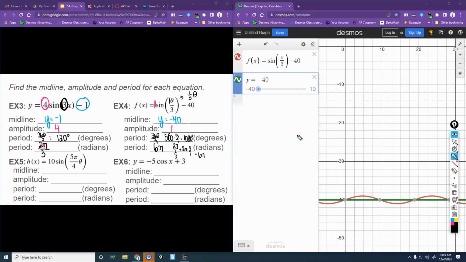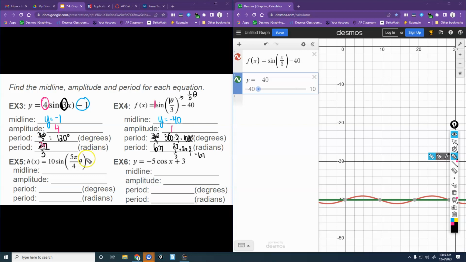All right. The next one. Let's try to do this whole thing without graphing before we look at it on the graph. So, Katie, what would the midline for example 5 be? It's a little bit tricky.